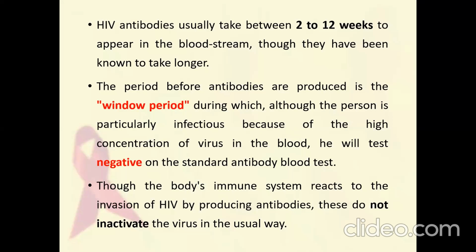Though the body's immune system reacts to the invasion of HIV by producing antibodies, these do not inactivate the virus in the usual way. The virus can produce antibodies, but these antibodies cannot inactivate the virus because the virus is very strong.